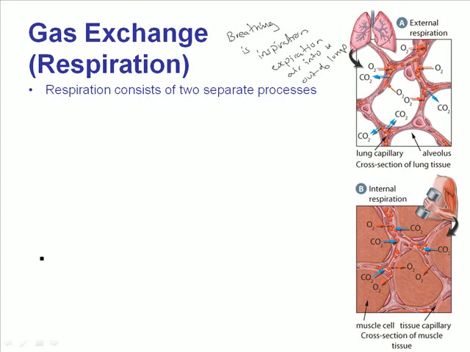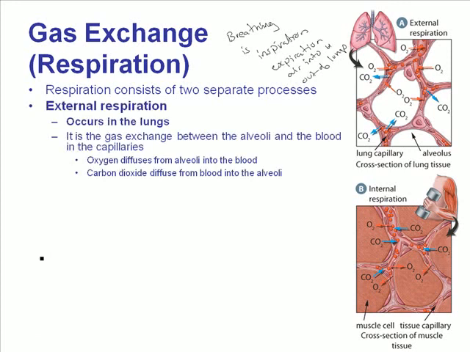So there's two types of respiration. There's external respiration, and this occurs inside the lung tissue. Even though it's called external, it's really still inside our body. It's happening at our alveoli. So if we take a look at this picture on the right here, each one of these white spaces is an alveolus. So when we breathe in, they fill up with air.